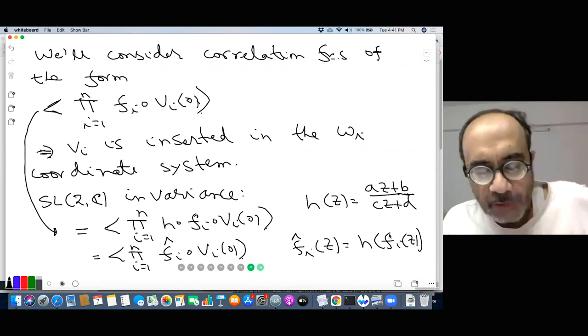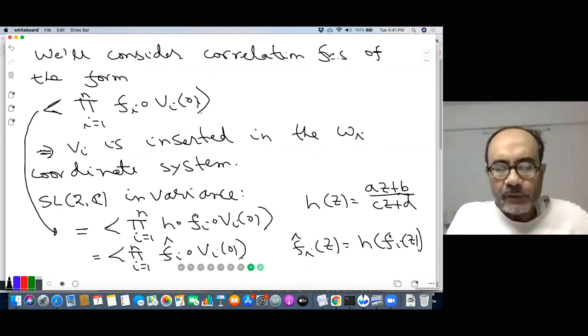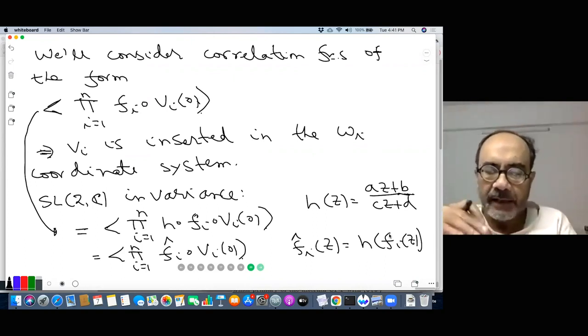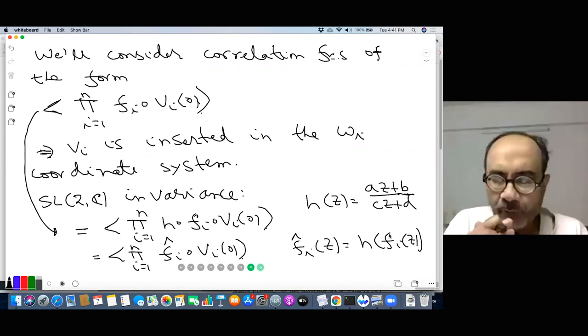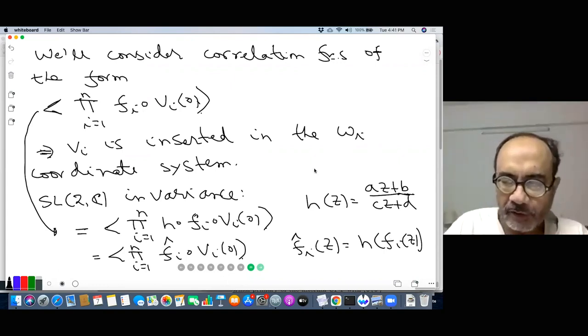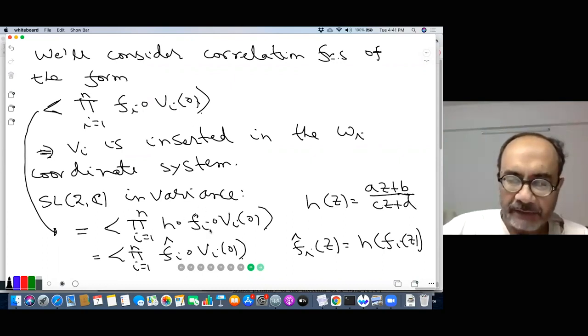Okay. So from this perspective, SL2C invariance basically says that if you keep the local coordinates fixed but change the coordinate Z by an SL2C transformation to Az plus B over Cz plus D, then effectively these functions Fi change, not because the local coordinates have changed, but because you have made an SL2C transformation of the global coordinate.